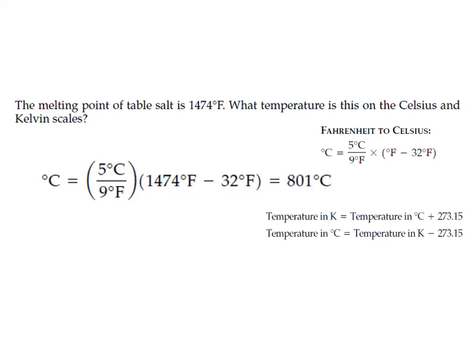So you will use this formula and the answer is 1074 Kelvin. Just put the value of 801 plus 273, you have to add up, and the value will be 1074 Kelvin. 0.15 you can add, but this is the smallest, you can ignore as well.